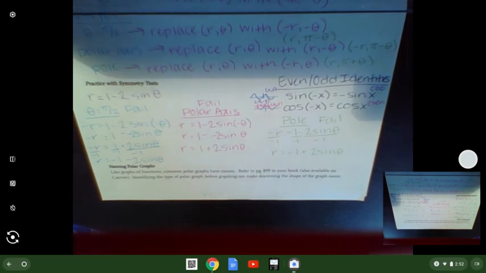But at the same time, I can fail a symmetry test, and a failed symmetry test does not mean that there's no symmetry.